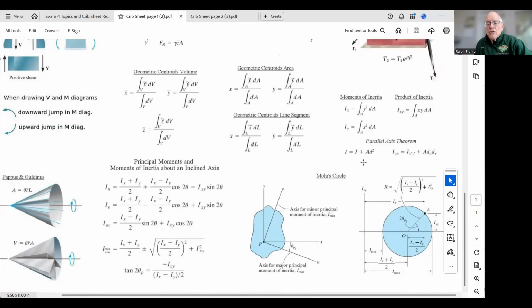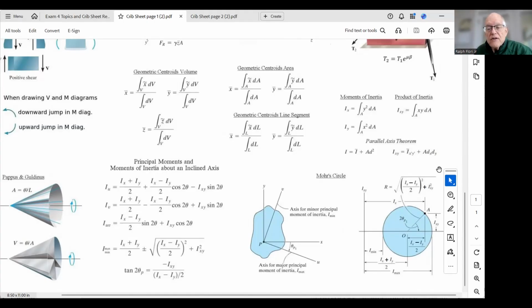Remember that when you use the parallel axis theorem, one of the two axes has to be a centroidal axis, an I bar. And then from that, you can go to I of another axis. If you're trying to go from an axis A to an axis B, and neither one of them is a centroidal axis, then you have to do it in a 2-step process. You have to go from A to the centroid, and then from the centroid to B.